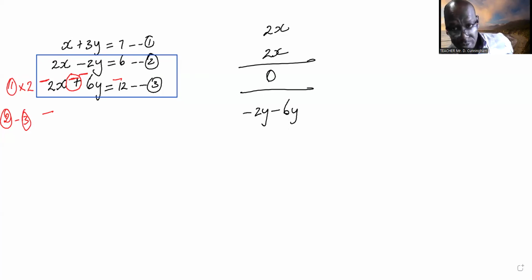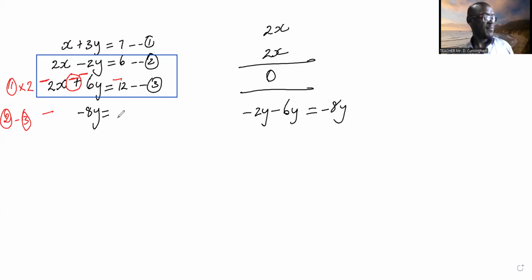Minus 2y minus 6y, Matthias. Negative 8y. So we put in negative 8y equals, what is 6 minus 12? Excuse me, there's something wrong with this question.